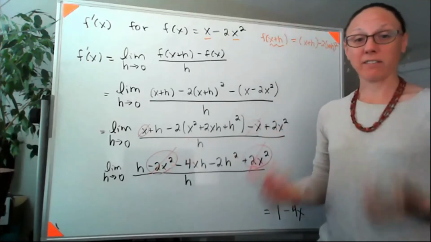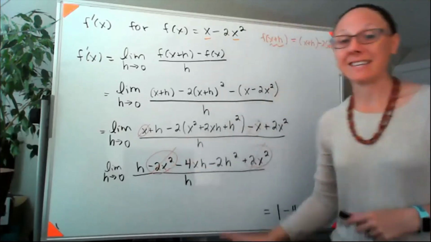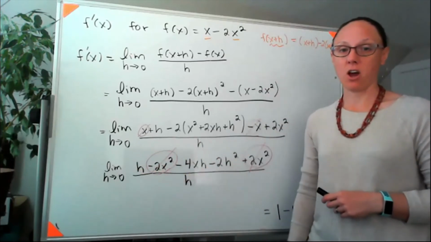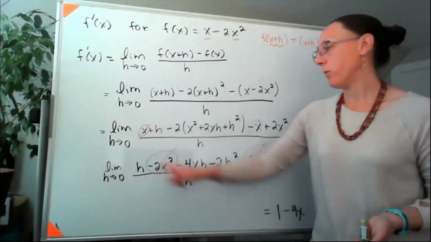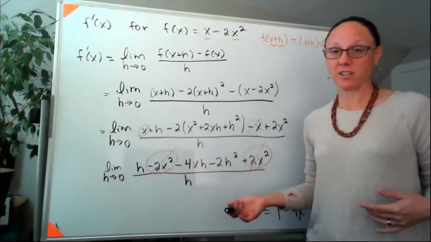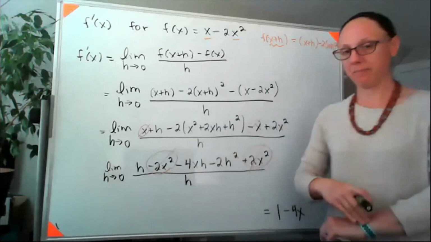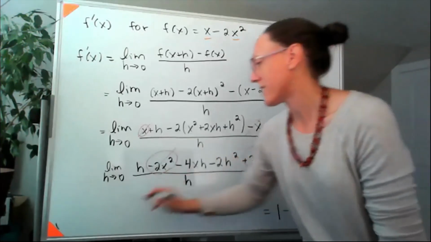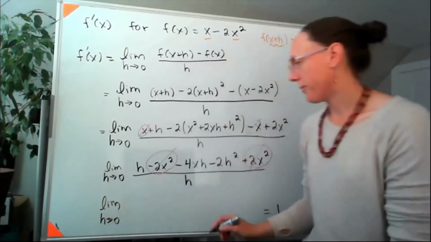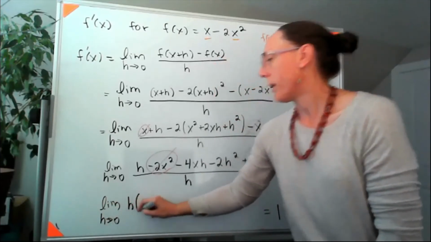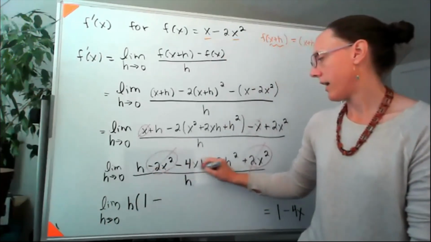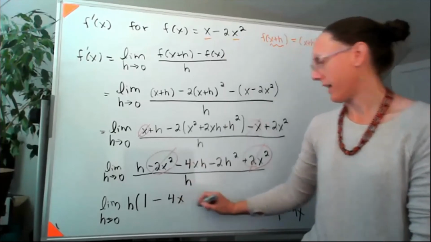And then once again, we have a choice. I've got a single piece in the denominator, so we can either factor an h out of everything in the top, or we can write this as 3 separate fractions. Since I wrote it as 3 fractions before, I'll go ahead and factor this time. But either one should work for us. So I've got a limit as h approaches 0. And in the numerator, when I pull an h out, from here I'll get 1. Here I'm going to have minus 4x.